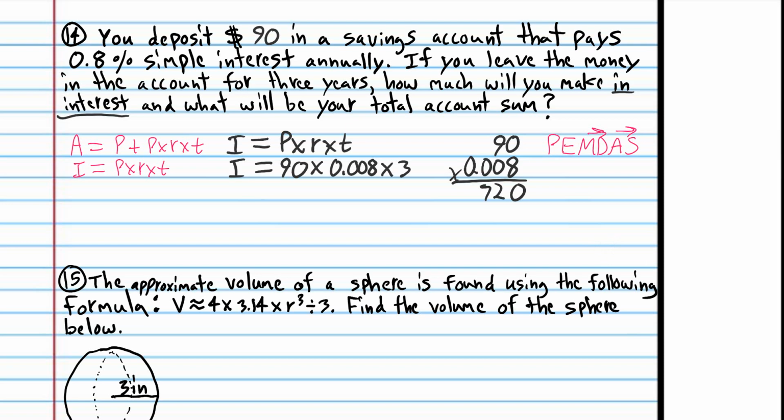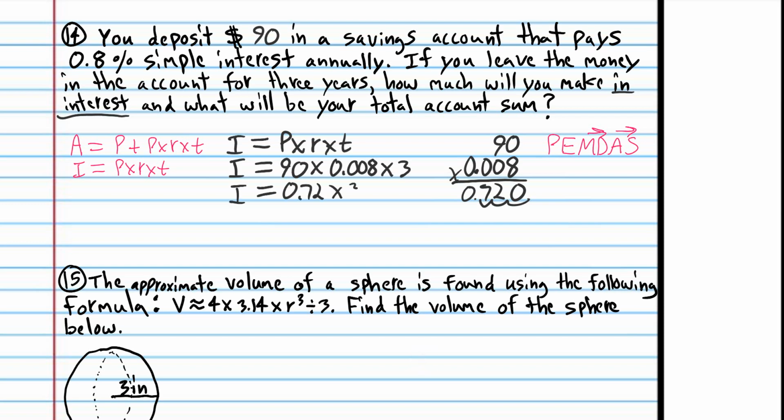There are 1, 2, 3 digits to the right of the decimal: the 0, 0, and 8. So we have 0.720. And we can just leave that 0 off.